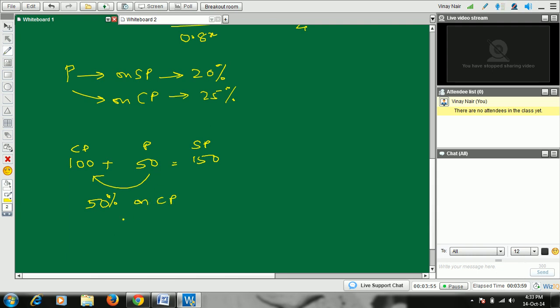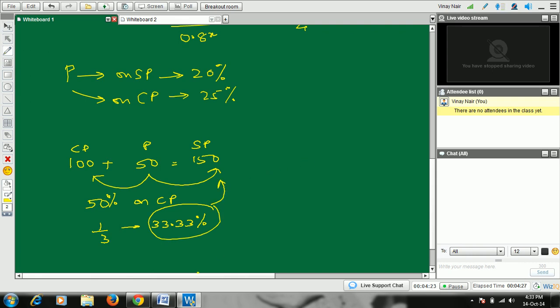We can see 50 out of 150 is what percentage? So 50 out of 150 is nothing but 1 by 3, which is 33.33%. So we can say when the profit is 50% of the cost price, then the profit is 33.33% of the selling price, right?